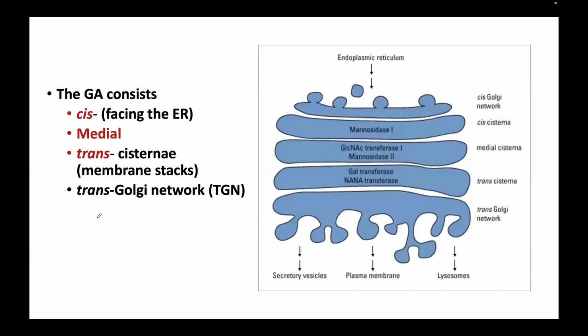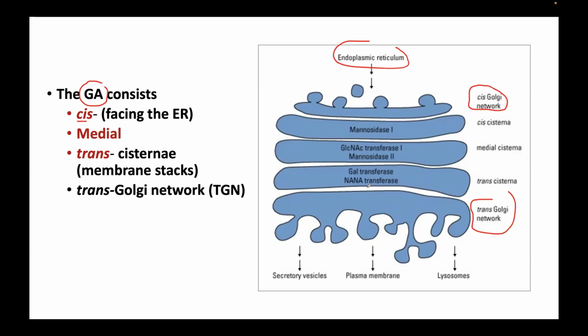Now, we mentioned cis and trans earlier. I would like to remind everyone that the Golgi apparatus has these parts. It has the cis, or here's the cis Golgi. This is the side that faces the endoplasmic reticulum. The trans, which is here, is called the TGN, the trans-Golgi network.